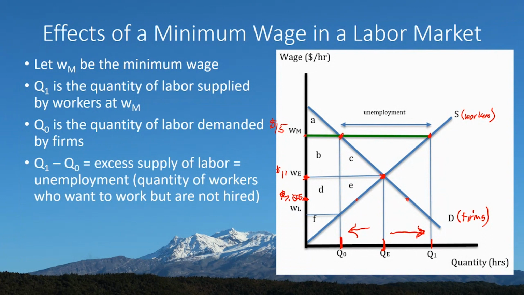All right, and that's going to create this problem. Q1 minus Q0 corresponds to what's listed up here, unemployment. So there's going to be an excess supply of labor in the labor market, and that means there's a bunch of workers out there who want to work, but they go out looking for a job, and there are not enough jobs available for them to be hired.